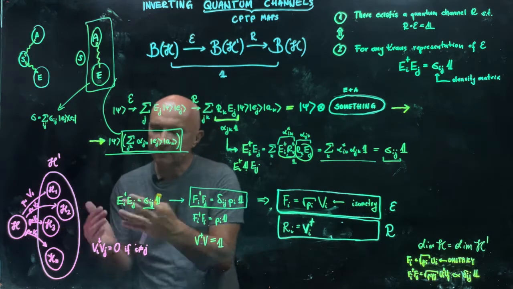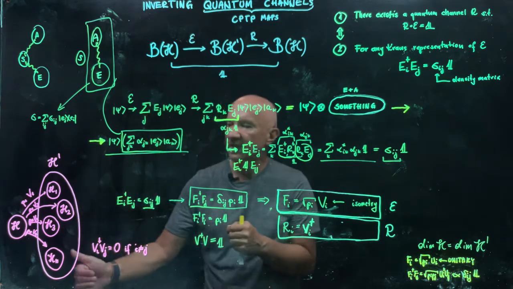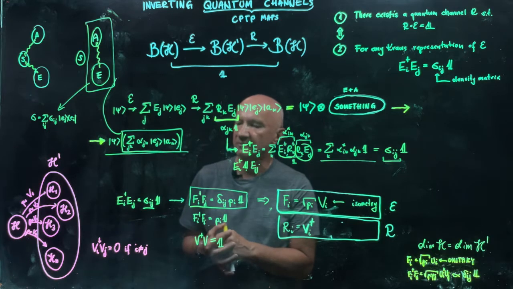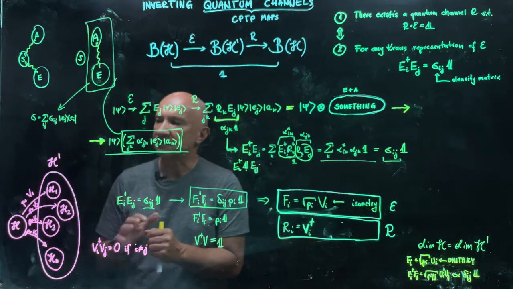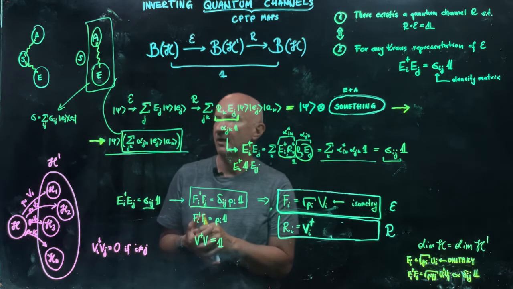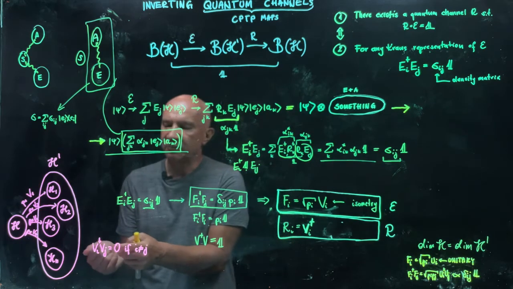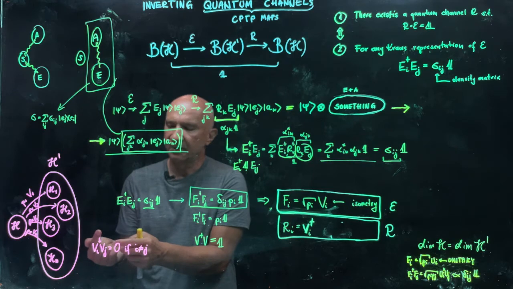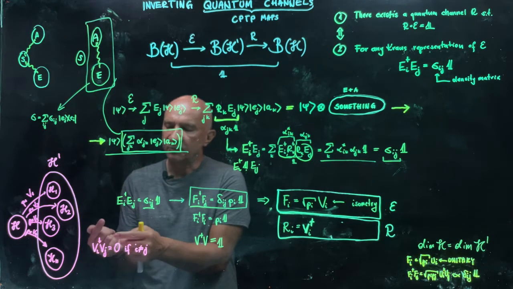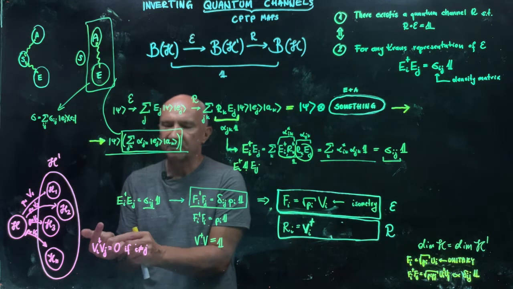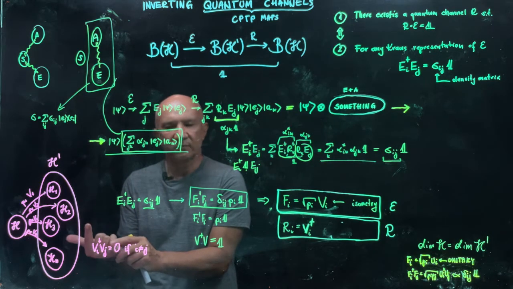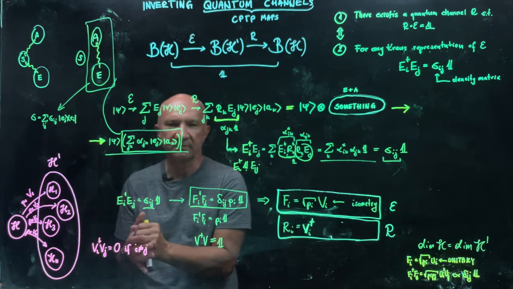So those kinds of conditions work nicely when you have higher dimensions on the H prime side. But if the size of H is equal to the size of H prime, then the product of two unitaries cannot be equal to 0. So if one of them is a unitary proper, the other operator has to be equal to 0.